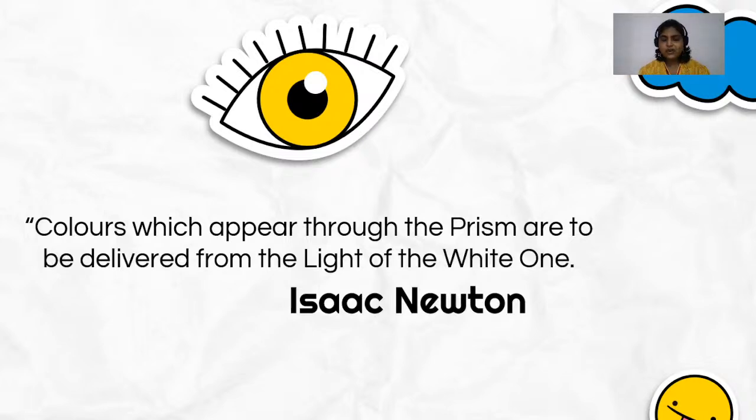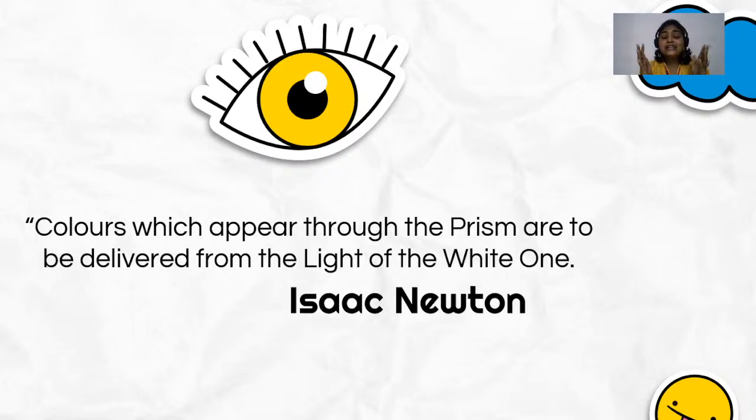And what are the seven constituent colors? Do you have any idea, students? The seven different constituent colors are the same colors of the rainbow, and that is VIBGYOR. I can call it in a short form as VIBGYOR. That is violet, indigo, blue, green, yellow, orange, and lastly red.